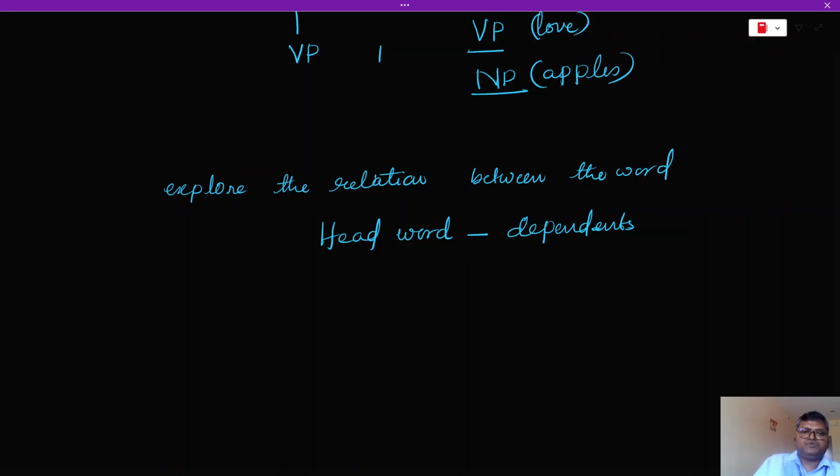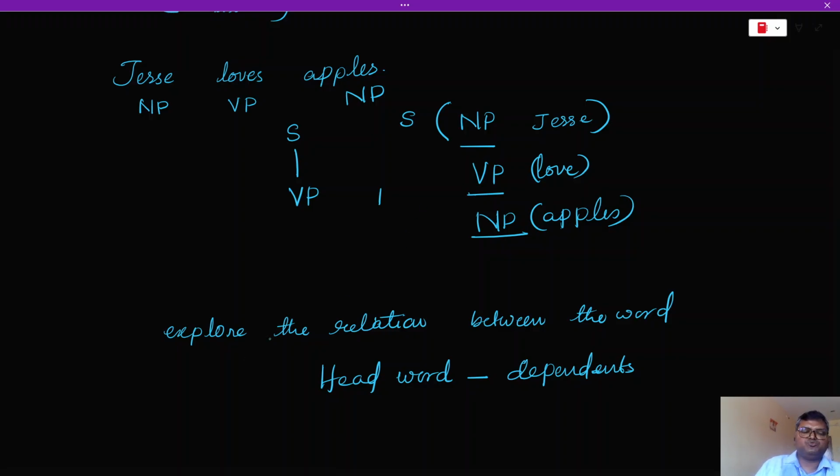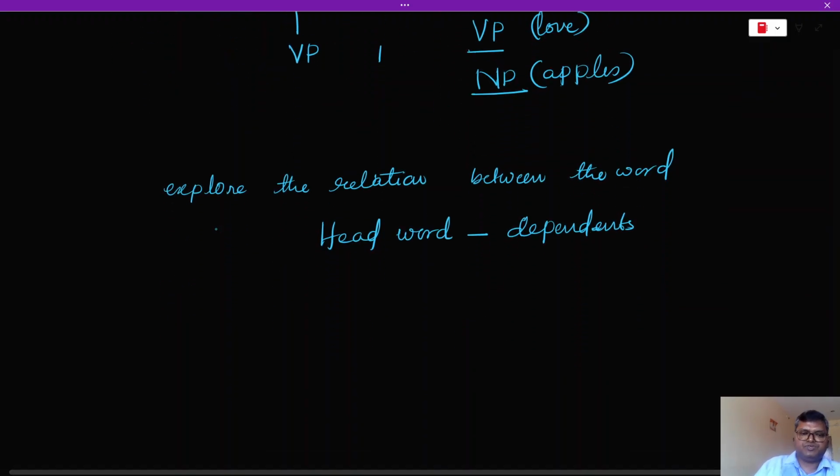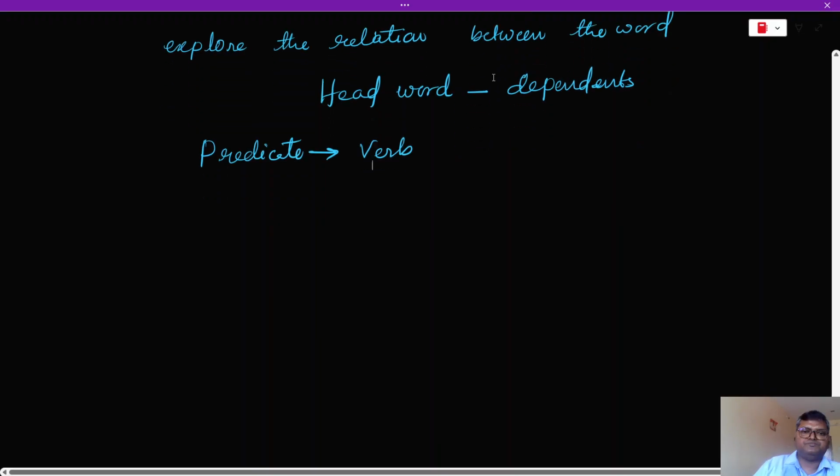For example, if you take the sentence, Jesse loves apples, which is the head? Remember the rule of thumb, the predicate will be the root. What is the predicate? The verb. In the given sentence, the predicate is the verb. That will be the root, the head word.